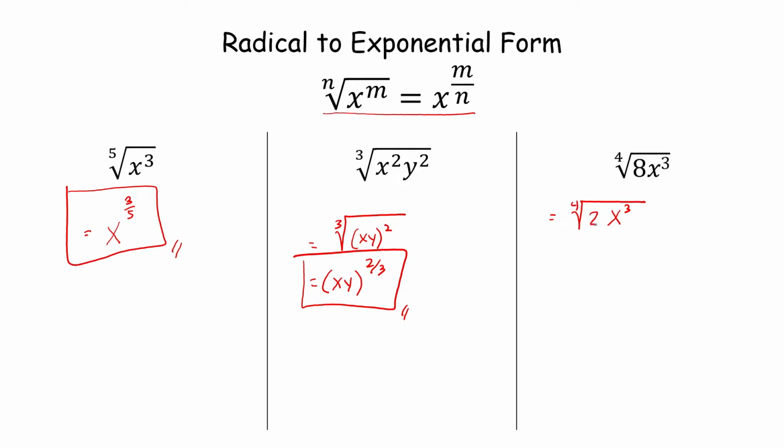That is right. It's 2 raised to 3. 2 raised to 3 equals 8. So which means we can also express that as 2x raised to 3. And then converting that into radical, this will be the 2x raised to 3 over 4.